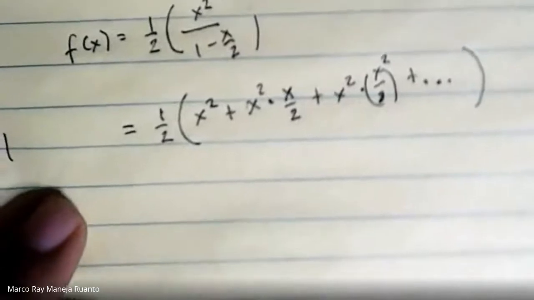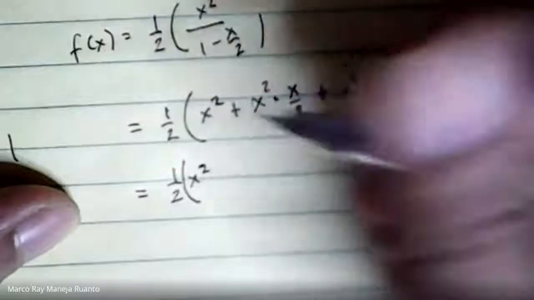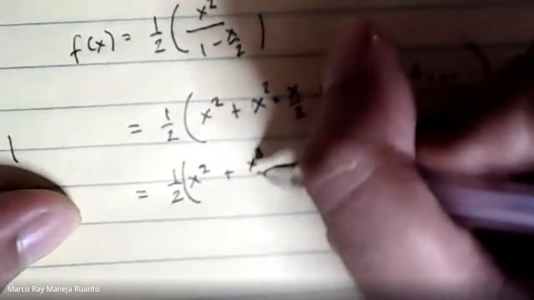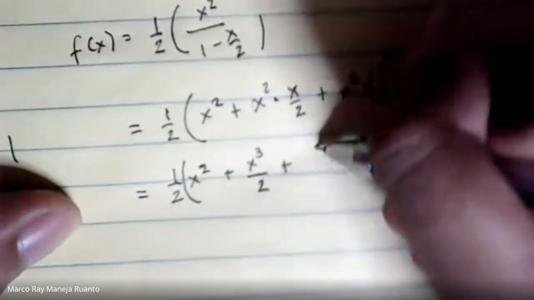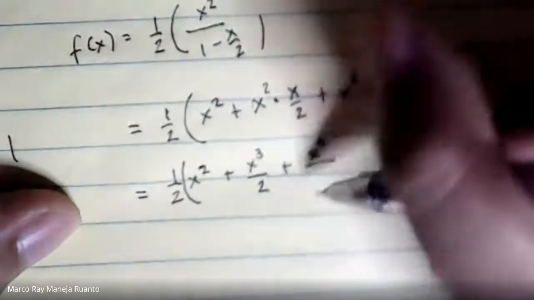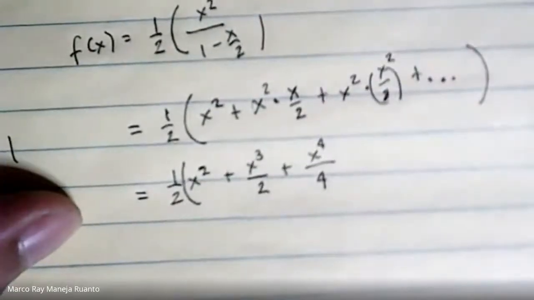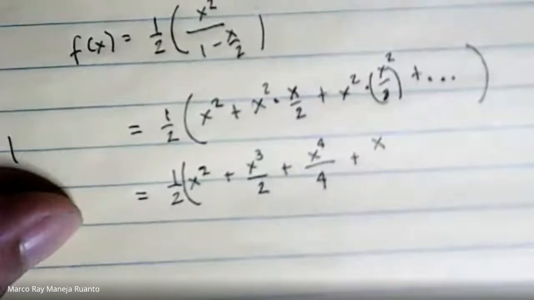We are going to simplify. So let us try to simplify, no? So this becomes f of x is equal to 1 half times x squared plus x cubed over 2 plus x to the power of 4 over 4, and so this would be plus x to the power of, okay, so on.